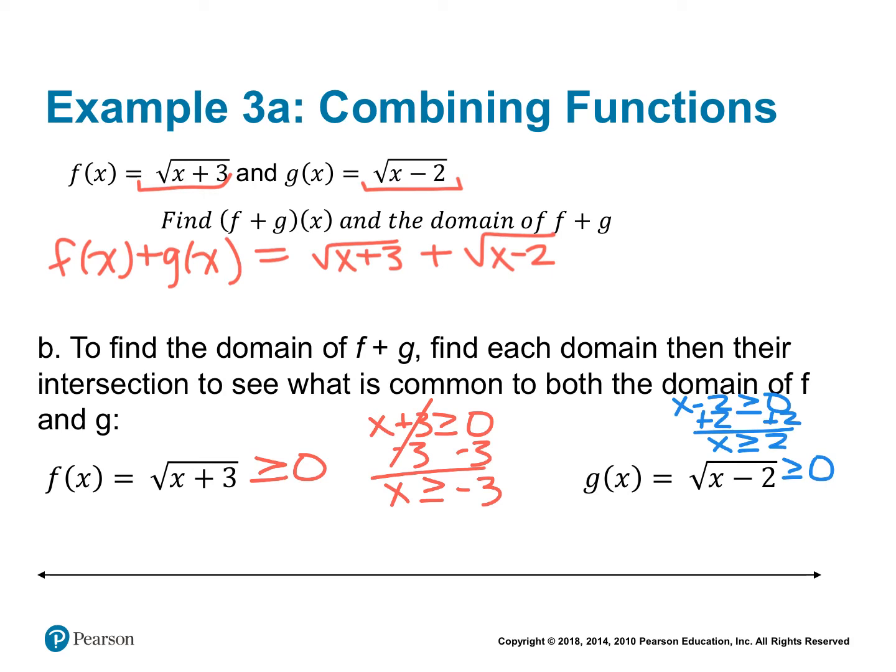Okay, so if I look at my number line, let's just put negative 3 here, 0, and 2. We know that it could be anything greater than or equal to negative 3.